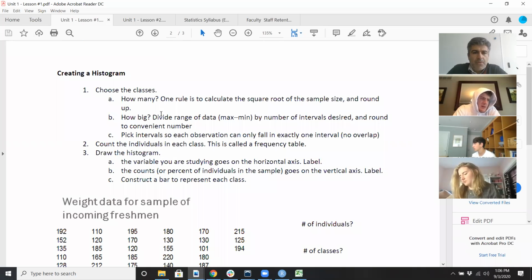So choose the classes. First of all, you have to kind of figure out, okay, what's meant by this is choosing the categories.